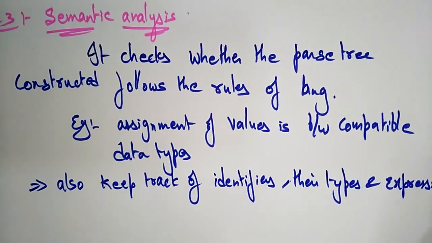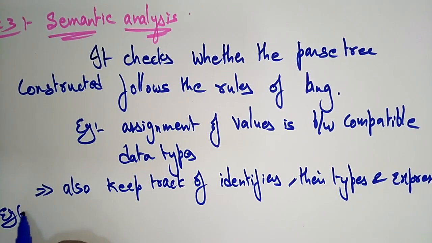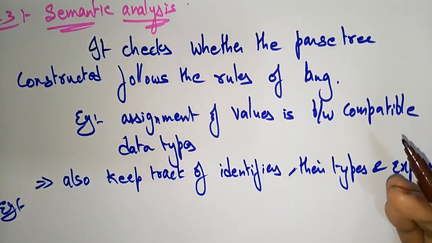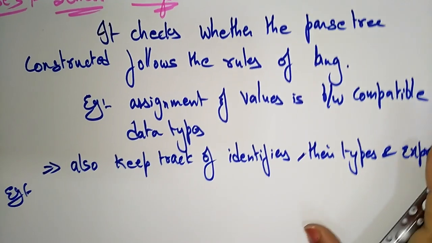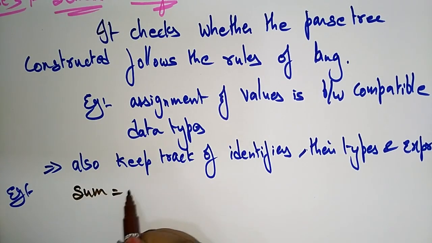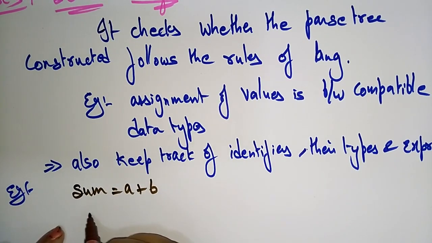So what does it mean? Let me explain with a simple example. Whatever expression you take in, we have to check whether it is semantically correct or not. Let's take sum is equal to a plus b. This is the operation we have to do.